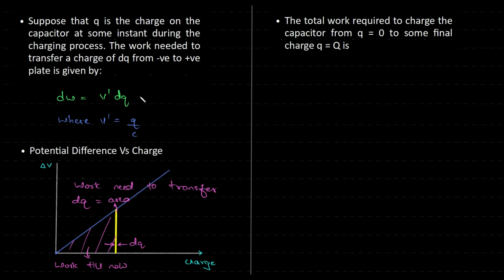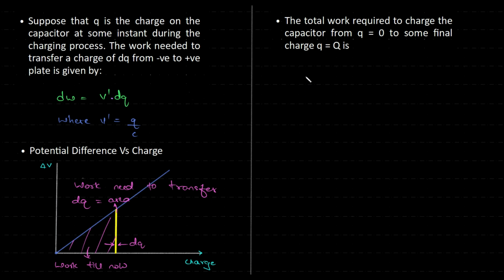Is it not, guys? As per this formula, V into Q, potential difference into charge will give us what? Right, work done, is it not? So basically this is length into breadth in some sense. Since it's a triangle, it's half into base into height if you want to think of it. But if you are very strong with your 11th grade syllabus, I'm sure you will be able to understand. So here it's very clear that this length into breadth is what gives us the work.